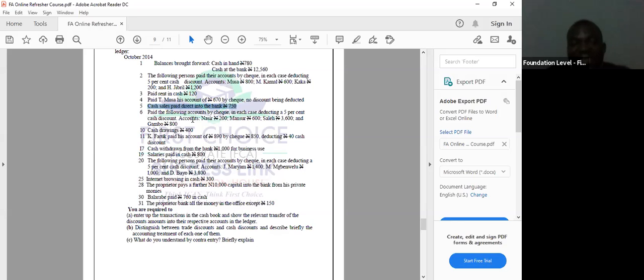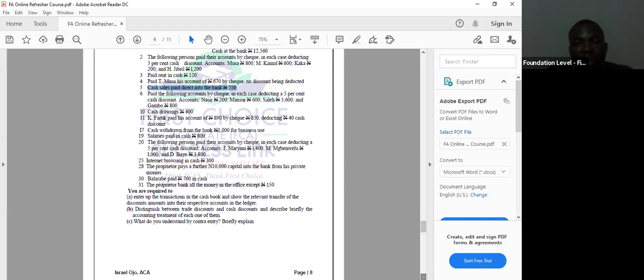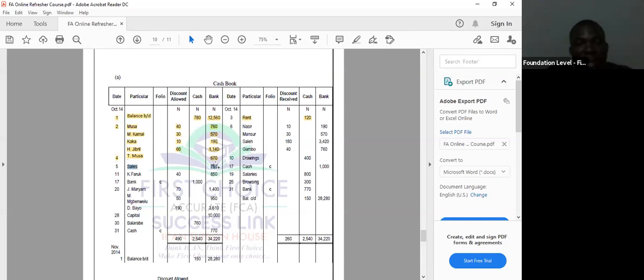So under the debit side, bank is the one receiving. So bank will be debited while cash will be credited. Can you see that we have here bank of 750? That's bank of 750. And the reason why I said that you have bank 750. Let me check that out.